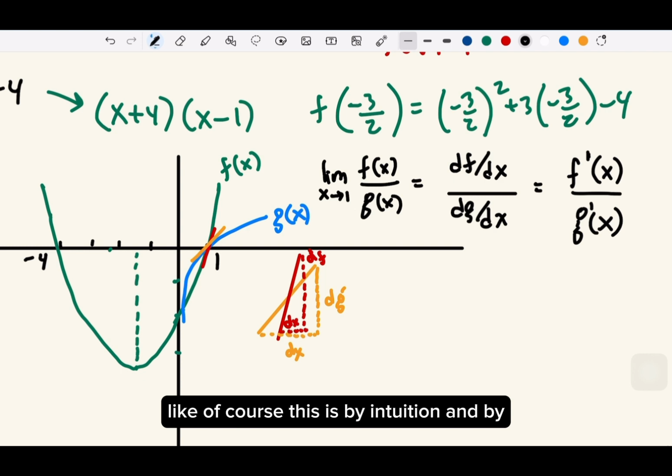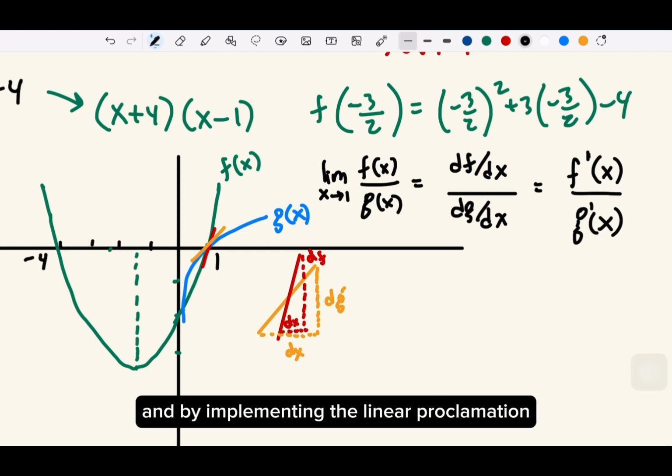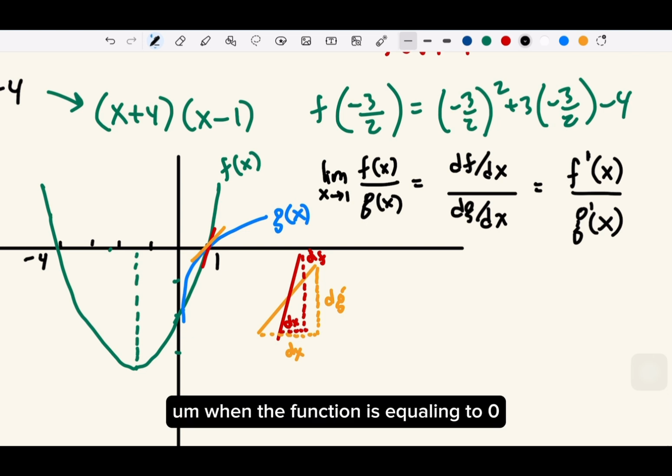Of course, this is by intuition and by looking at the graph, by visualization. So why L'Hopital works is because we are observing this area, and by implementing the linear approximation, we know that when we approach the nearby area where the functions equal 0, the ratio of the two functions will be equal to the definition of the derivative itself.